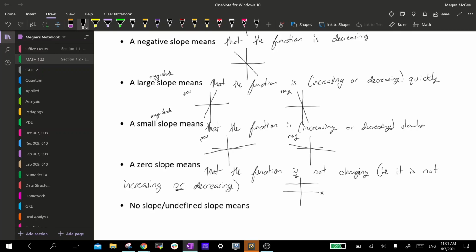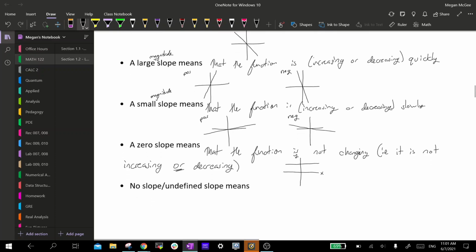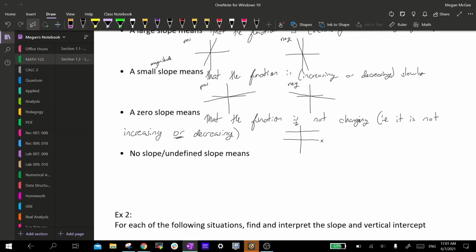a horizontal line. Okay? And no slope or an undefined slope actually is a vertical line. So again, this is x and y, and an undefined slope would be something like this.